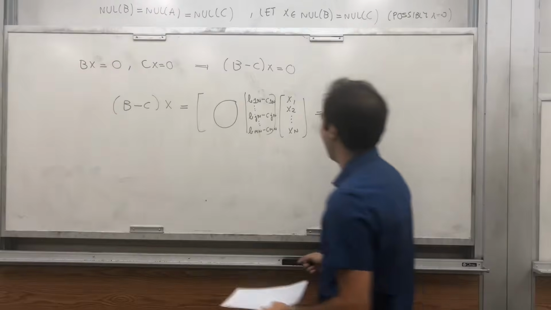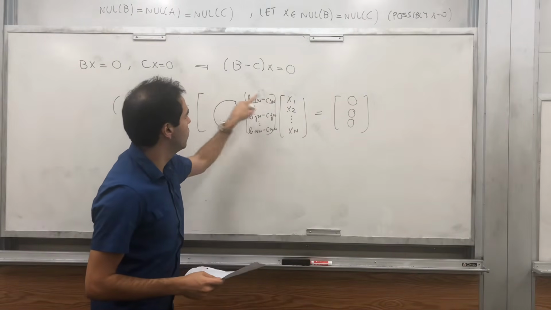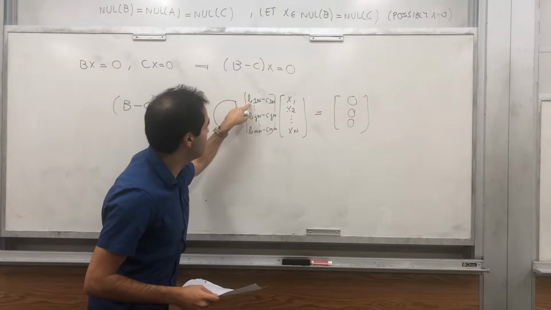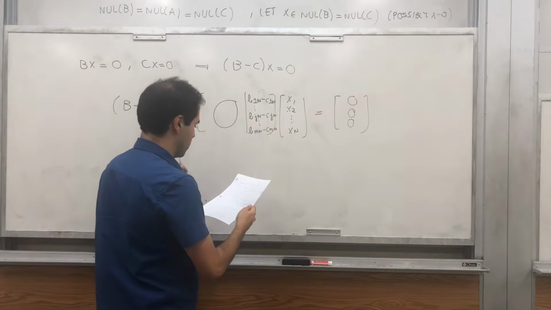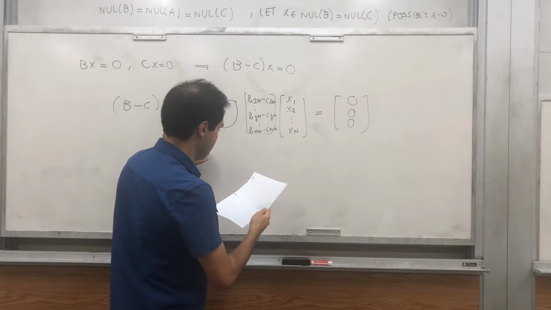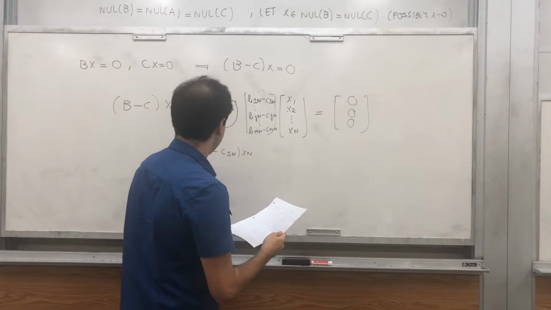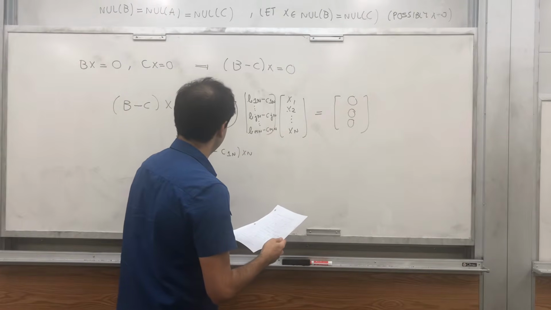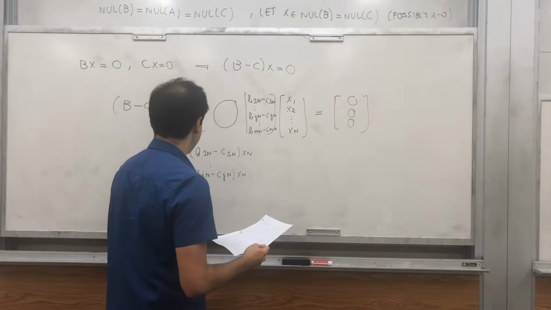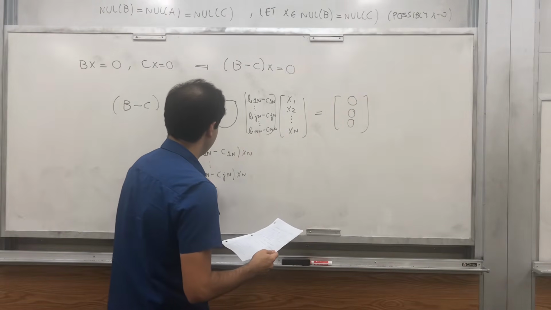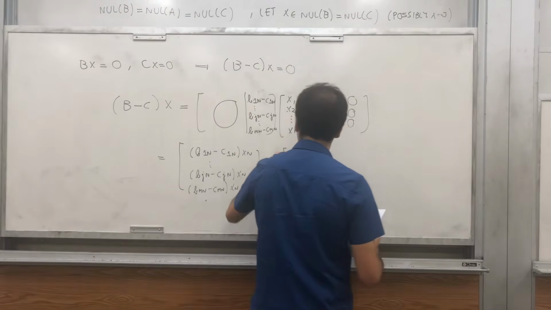Okay? And then, if you multiply those out, you get 0, 0, 0, up to (b1n minus c1n) xn. So you get (b1n minus c1n) xn, or (bjn minus cjn) xn, and then (bmn minus cmn) xn. And you know this is 0.